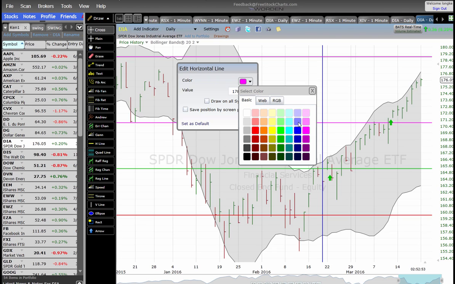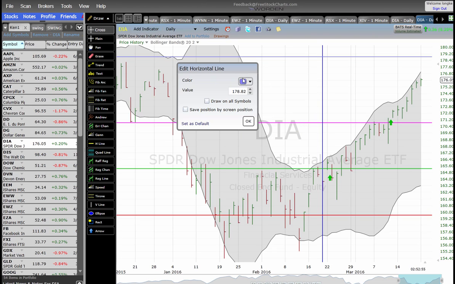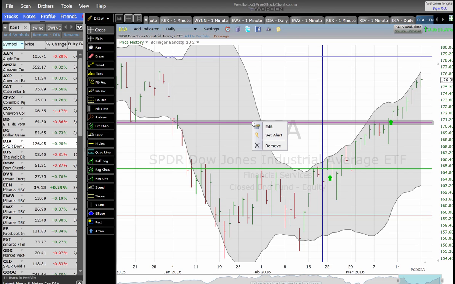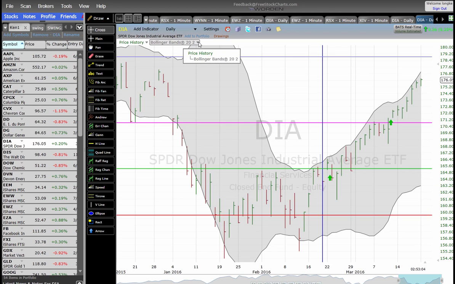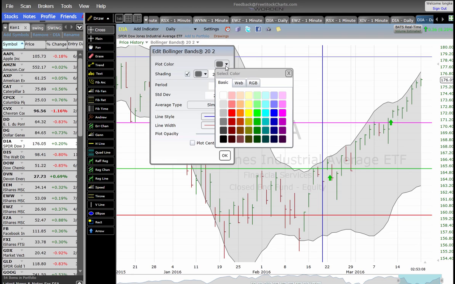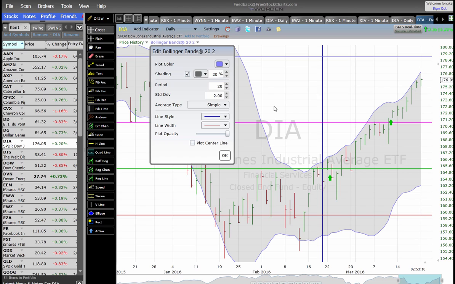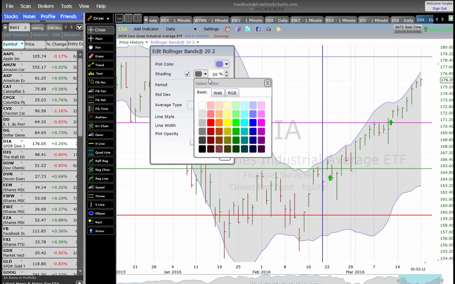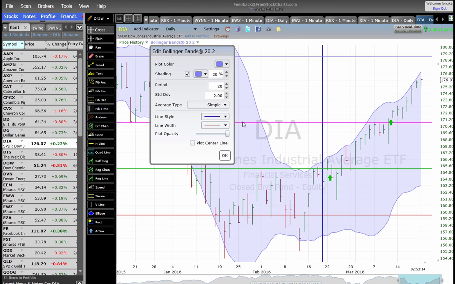We're going to select a darkish blue. Oops, wrong one. I got to come up here and edit the indicator. So the plot color is going to be a light blue. Shading will also be a light blue. The line style, I'm going to make that solid. The width, I want it to be thick. Maybe that's too thick.